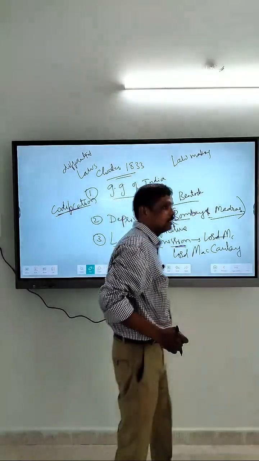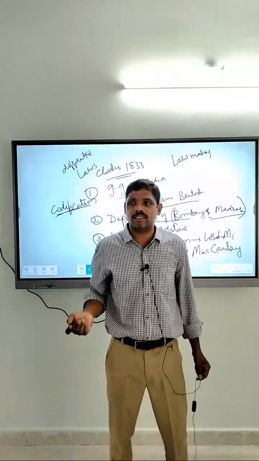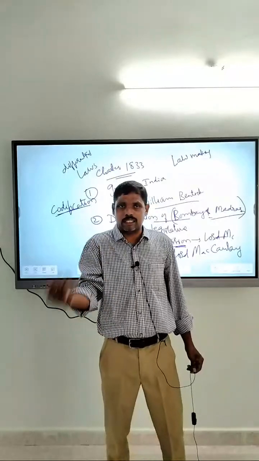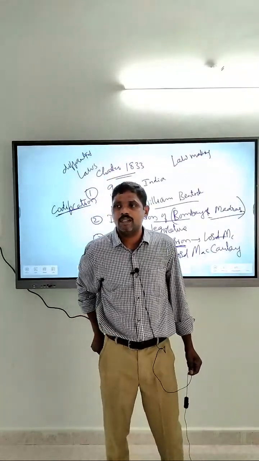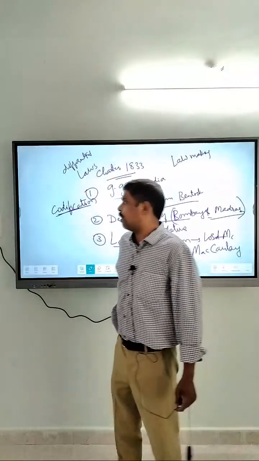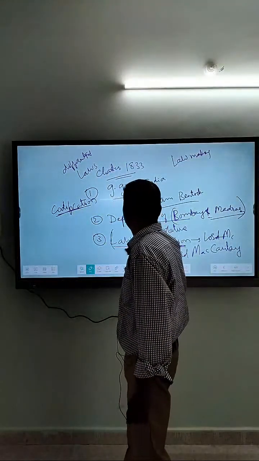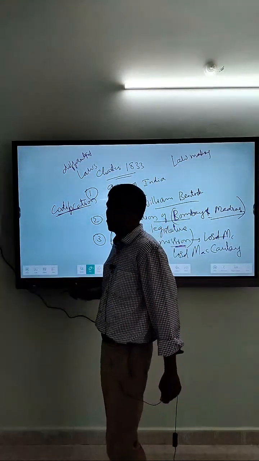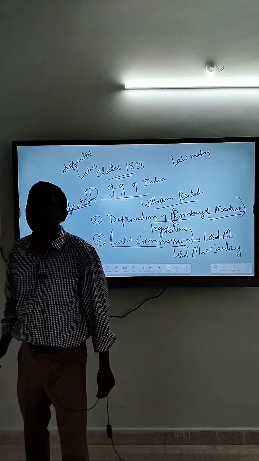Differentiation of laws. Today we have civil laws and criminal laws, and the procedure to be adopted for imposing punishments. All this is done by the law commission, and the law commission always recommends the changes required in the legal system.